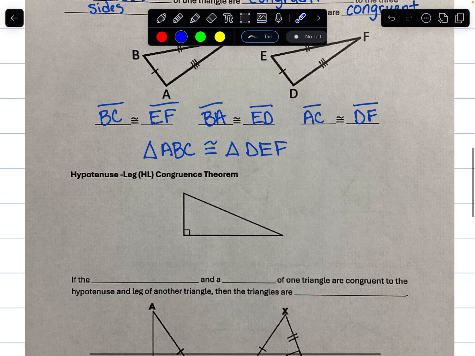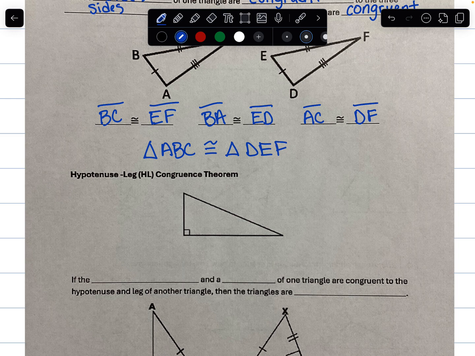Okay? All right, the other one we're talking about today is hypotenuse leg. What type of triangle would you have to use hypotenuse? Right. A right triangle every time. Okay, where's the hypotenuse located? The right angle. Where from the right angle?